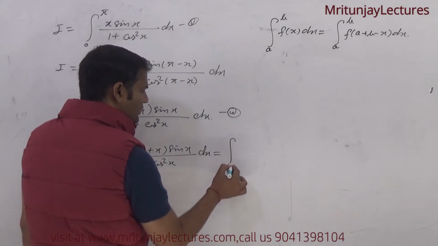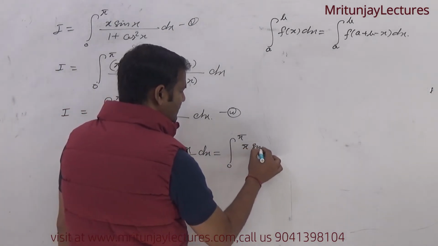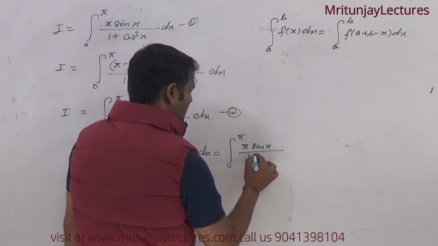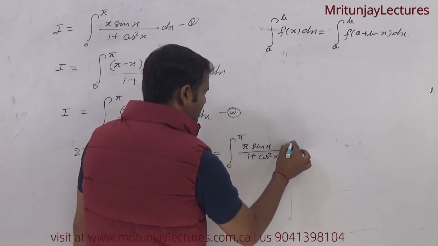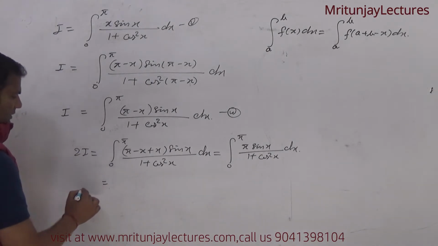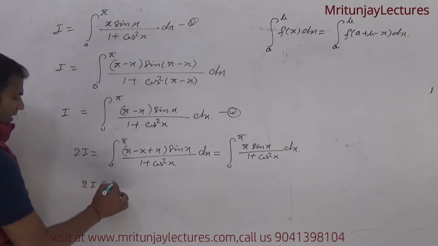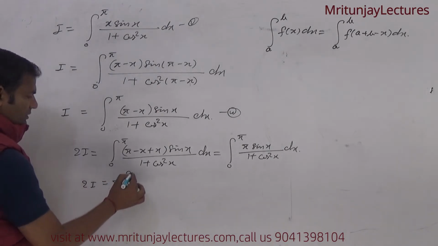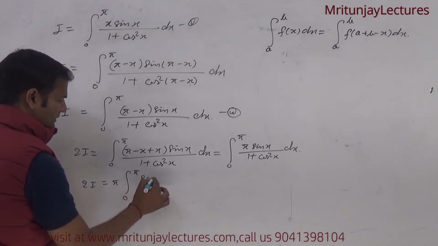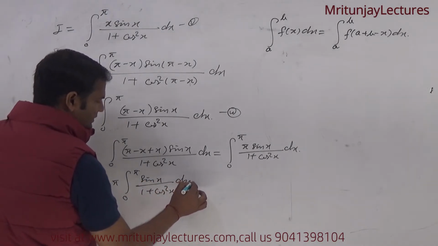This will be equal to the integral from 0 to pi of pi into sin x divided by 1 plus cos square x dx. Here pi is common, so 2I is pi times the integral from 0 to pi of sin x divided by 1 plus cos square x dx.